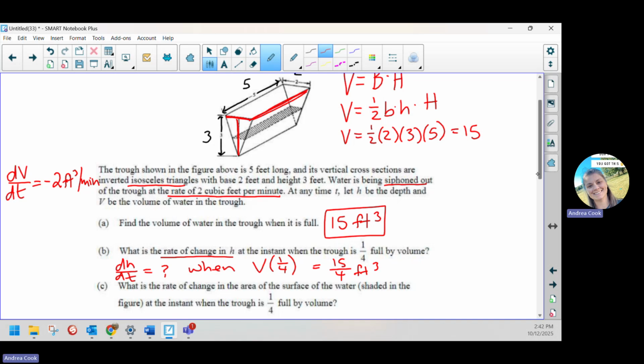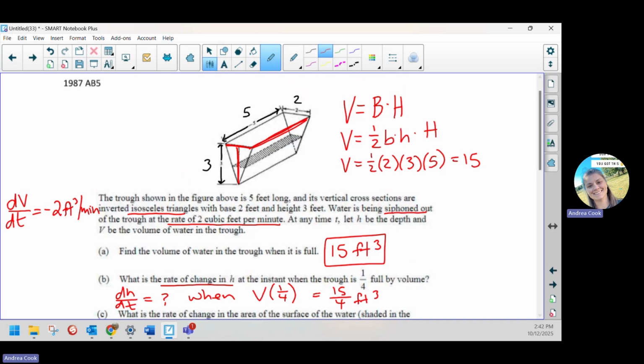Okay, so up here we have this formula for volume of our trough. So let's analyze what's happening. As water fills up or goes down, this distance is going to change.